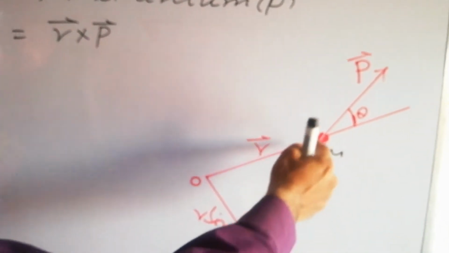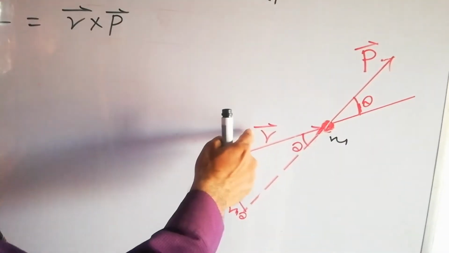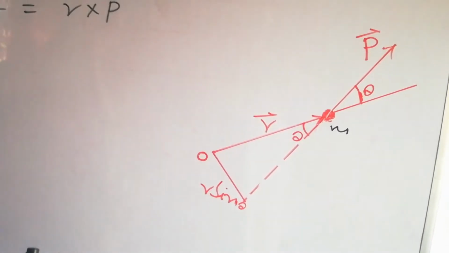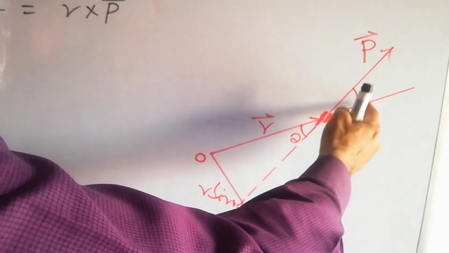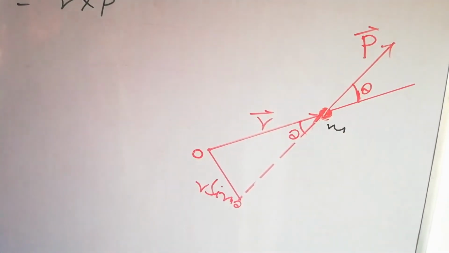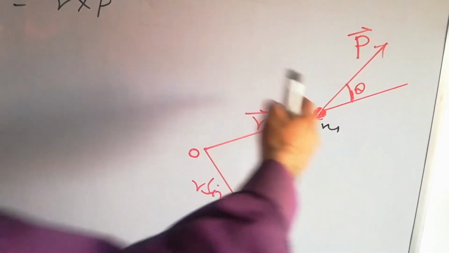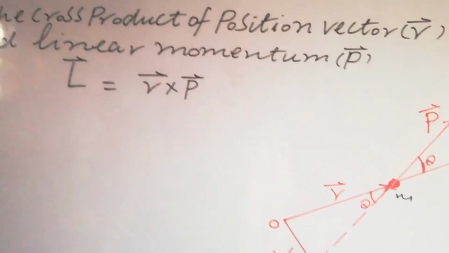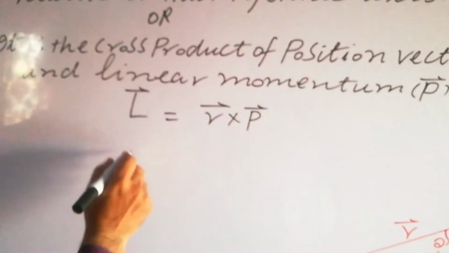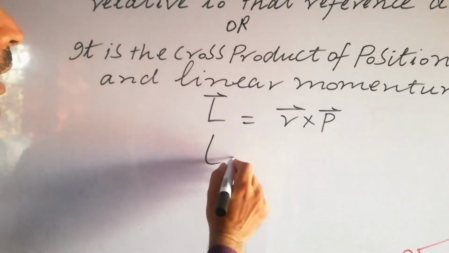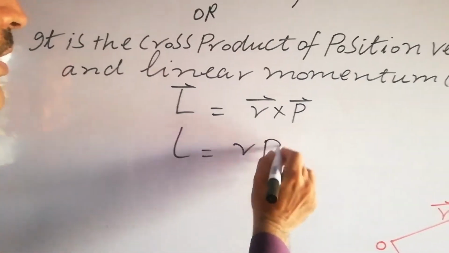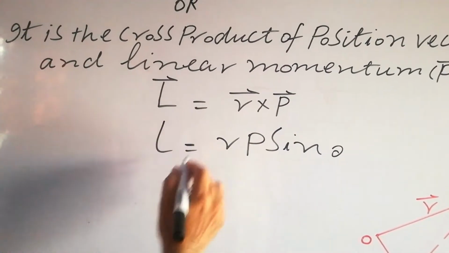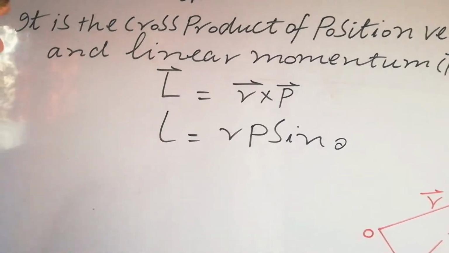So the position of linear momentum is denoted by r. R is the position vector. And what is angle theta? Theta is the angle between r and p. So you can say here L, the magnitude of this angular momentum, is equal to rp sine theta. Theta is the angle between r and p.